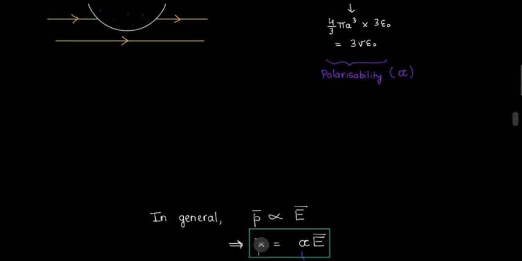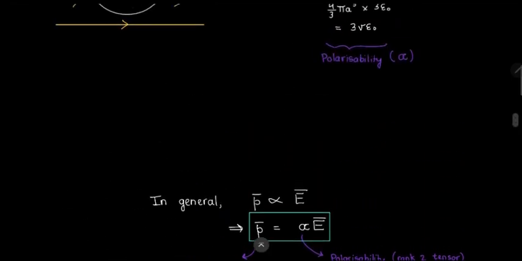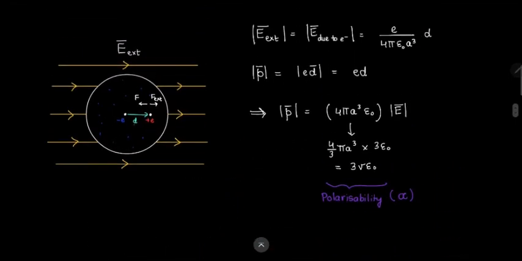So in general, the dipole moment is proportional to the applied electric field, and the proportionality constant is the polarizability. In general, this alpha is a tensor. It's not a scalar, it's not a vector, it's a tensor. In the previous case, it's just a scalar. It's just a number here, 3v epsilon naught, where v is the volume of the atom.